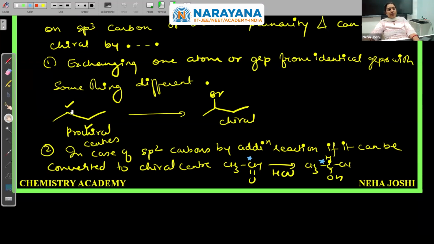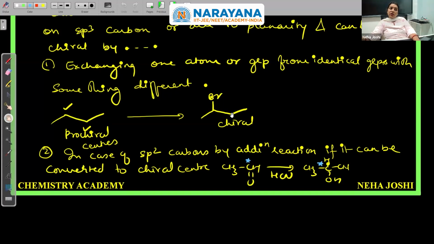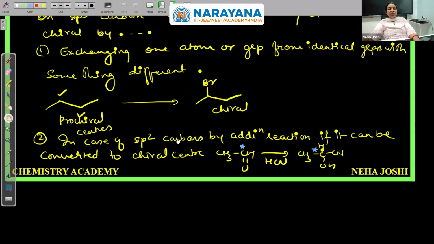For example, if we do monohalogenation of this molecule, then I have two prochiral centers. See, if I introduce bromine here, this center becomes chiral. Or if I had introduced it here, this could have been chiral. So I have two prochiral centers. In case of sp2 carbons, by an addition reaction, it can be converted to a chiral center. See, this is sp2. When I put CN minus, this becomes sp3.